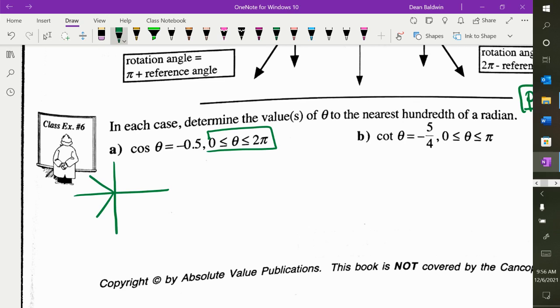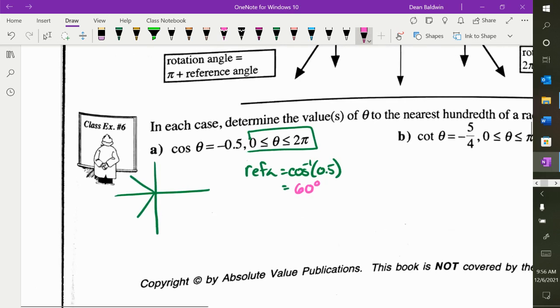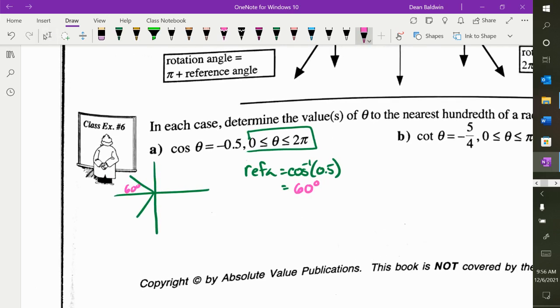Boom, boom. Find your reference angle. Remember, we don't use the negative. What is the reference angle? 60 degrees. So that means this is 60 and this is 60. So theta in degrees right now is going to be what and what?